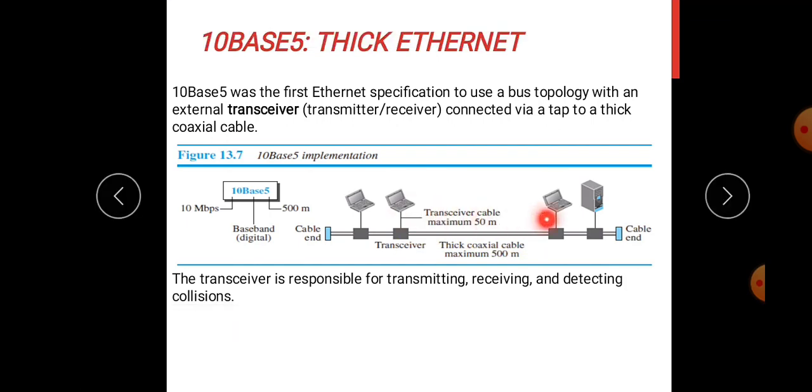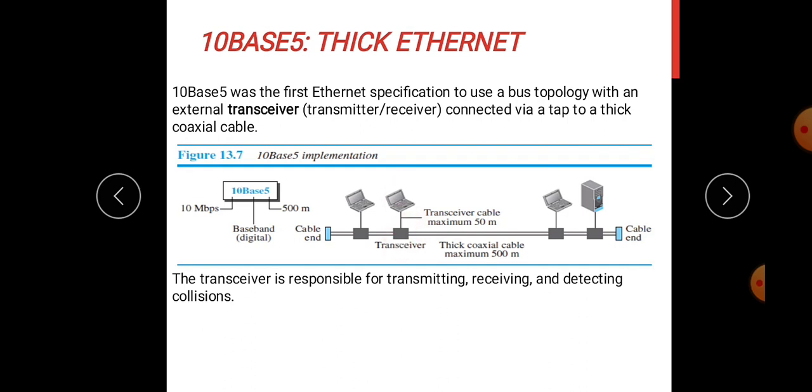So here you can see this is the thick coaxial cable, this is the transceiver, and the transceiver cable will connect the station to the transceiver. This transceiver is responsible for transmitting, receiving and detecting collisions. The transceiver is connected to the station via the transceiver cable that provides a separate path for sending and receiving.